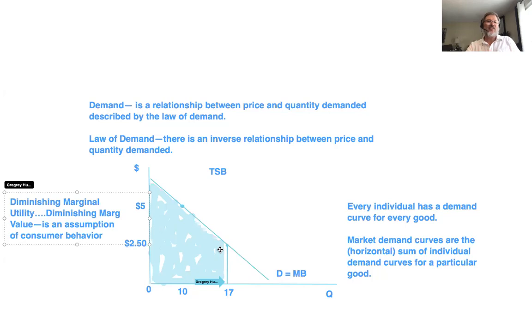So that's a general feature. Not only do we assume that the highest willingness to pay consumers are the ones that purchase a good when there are multiple consumers in the market, but when there's one consumer purchasing multiple units of a good, we also assume their demand curve slopes downward because as they consume more and more of the good, their value for each additional unit, each marginal unit, goes down.